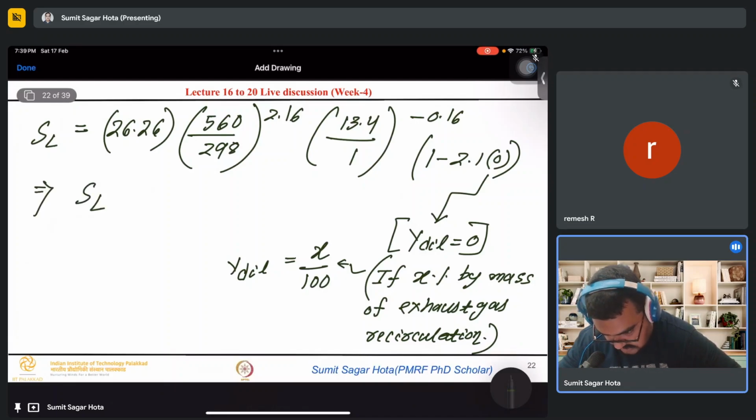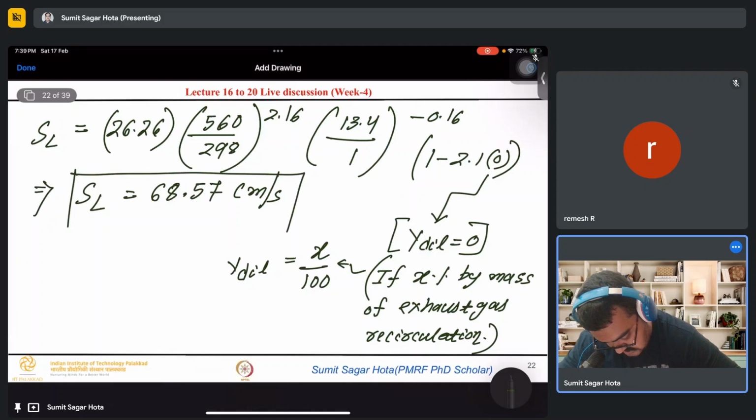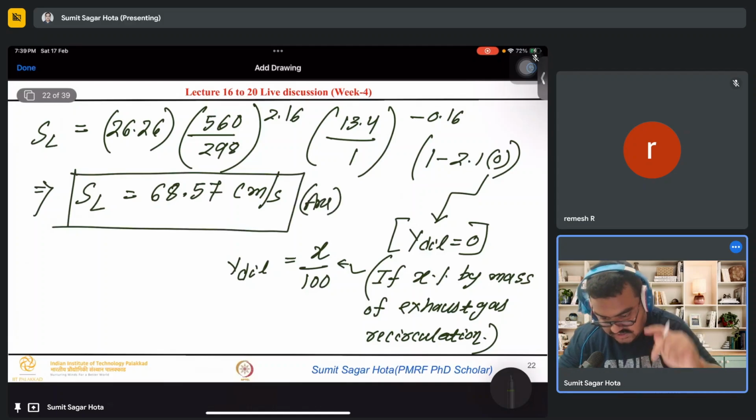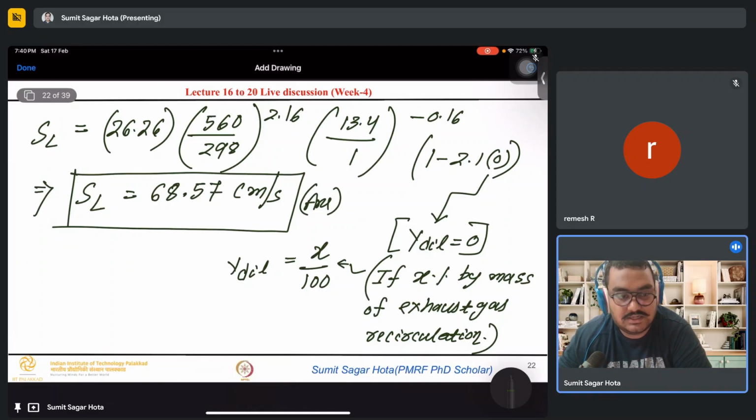So SL is equal to 68.57 centimeter per second. This is your answer. This is your laminar flame speed. This is the basic way of calculating your laminar flame speed for a pre-mixed flame.